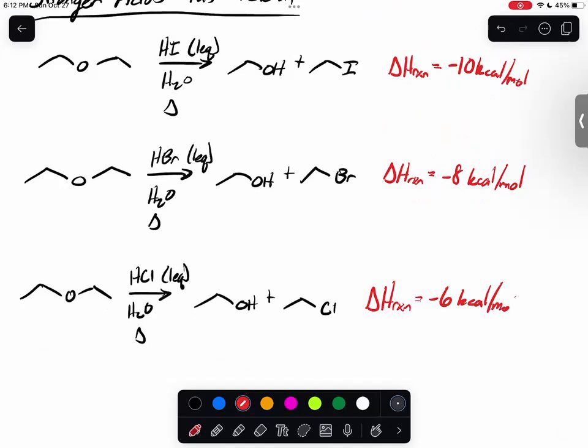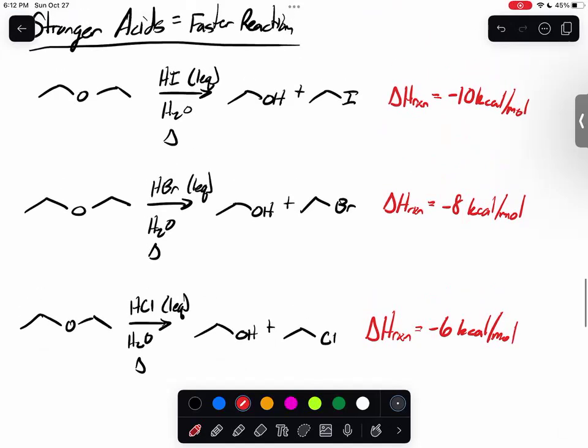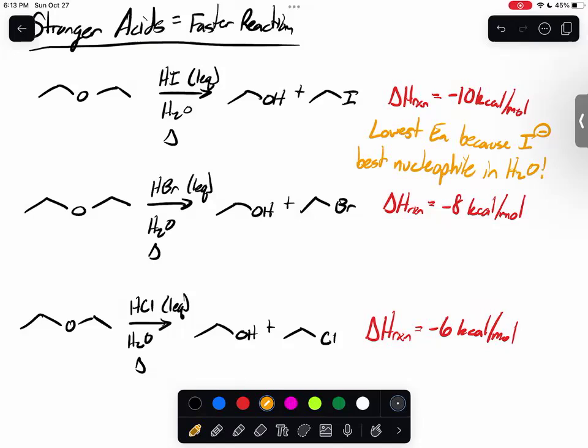But the important thing is they're also faster because if you think about it, this iodide is going to have the lowest activation energy because I minus is the best nucleophile here in water. Right? Those solvent effects come back into play where we talked about it's harder to solvate the iodide, so it's a better nucleophile, right?